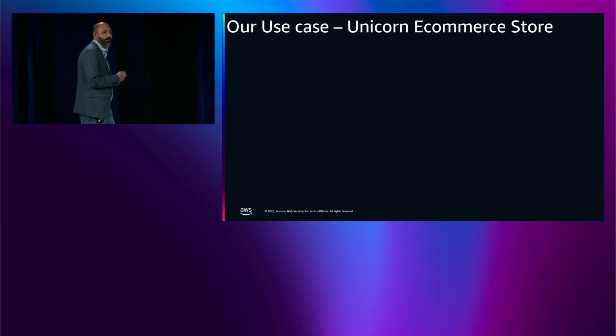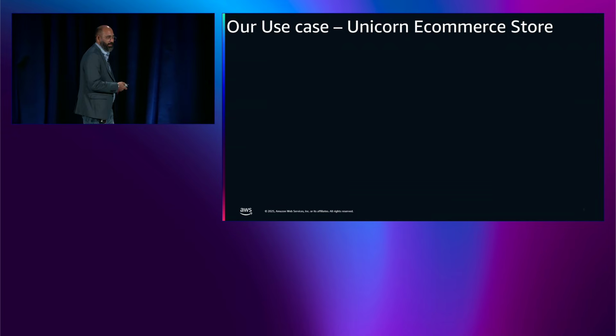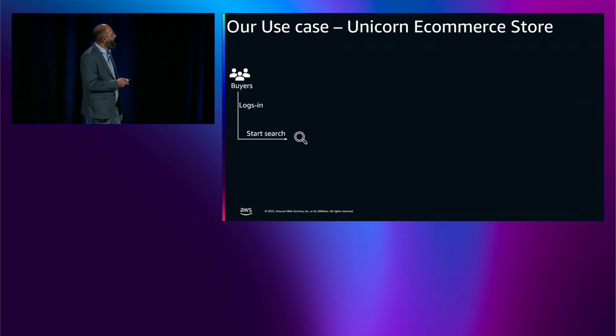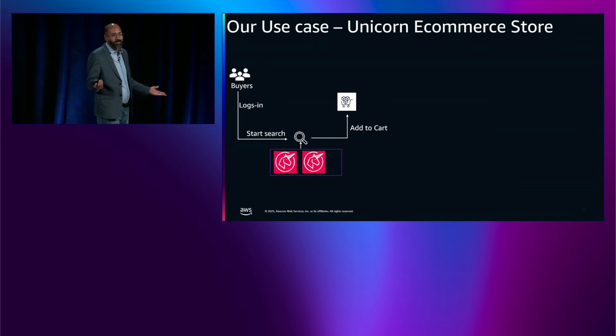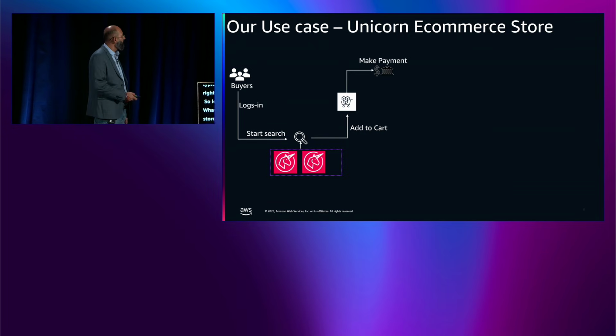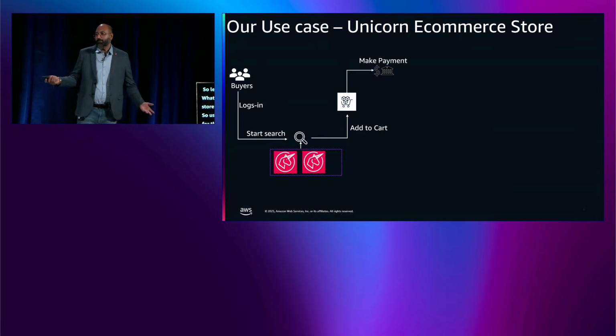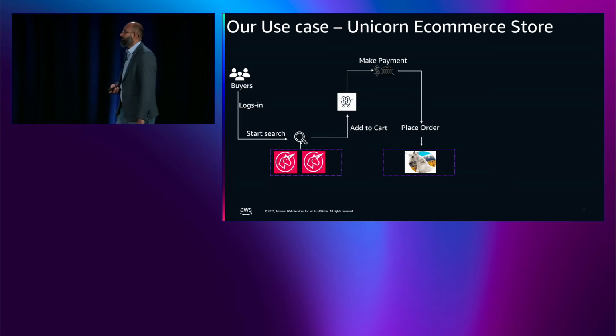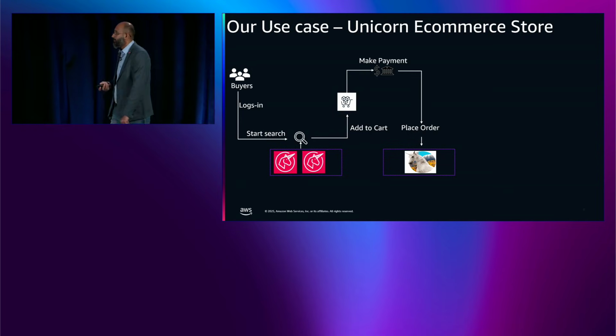So let's look at the functional flow of what we just saw from this unicorn store monolithic application. Users log in, they start searching for the products, and then based on their requirement, they add those products or items to the cart, and then they make the payments, and after the payment, they place the order, right?